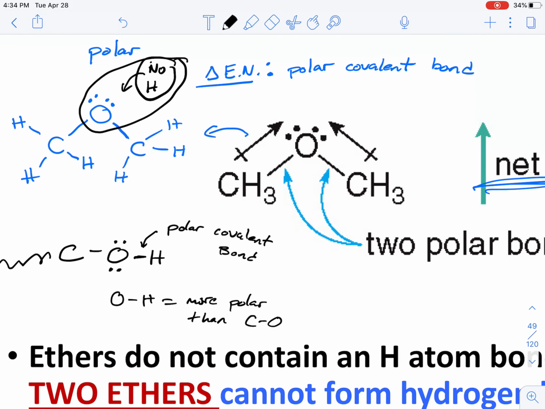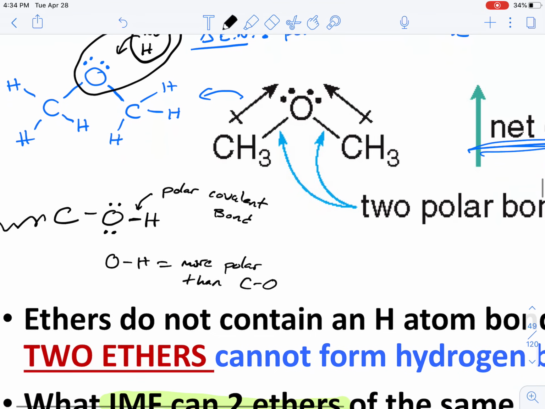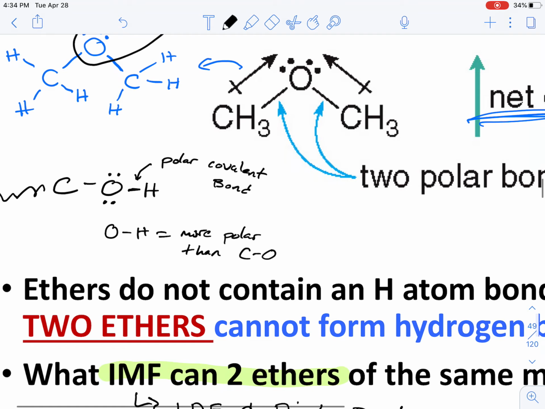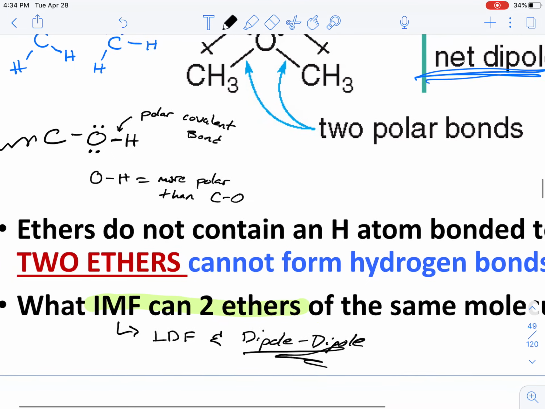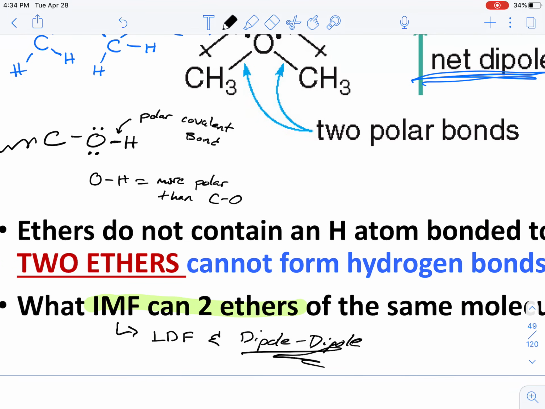Okay? And so we're talking about an ether-to-ether action. Ether-to-ether action cannot form hydrogen bonds. Whereas if you guys have alcohols to alcohols, since both of those substances contain that OH group, then those two alcohols can form a hydrogen bond.